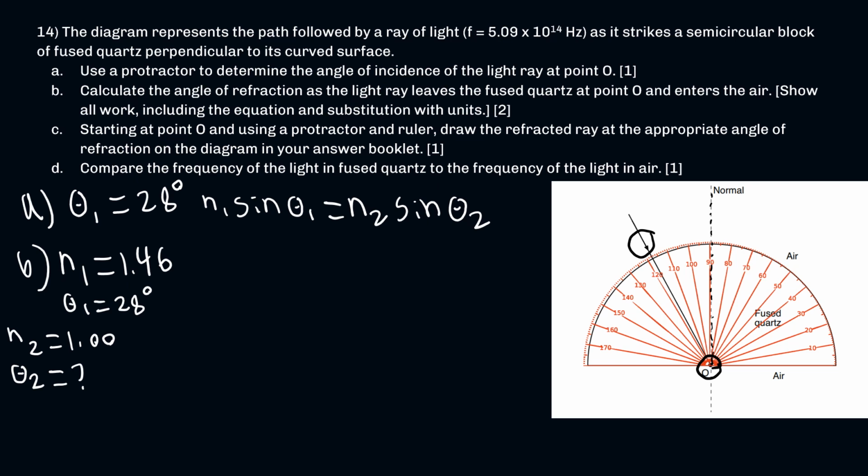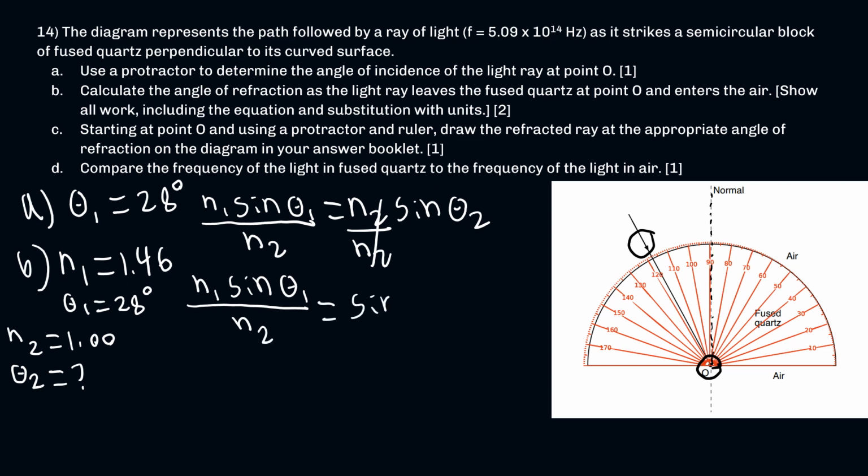So I want to get theta 2 by itself because that's what I'm trying to find. The first thing I can do with this is divide out n2 because it is attached to sine theta 2 by multiplication. So doing the opposite of that, I should now have n1 sine theta 1 over n2 is going to be equal to sine theta 2.